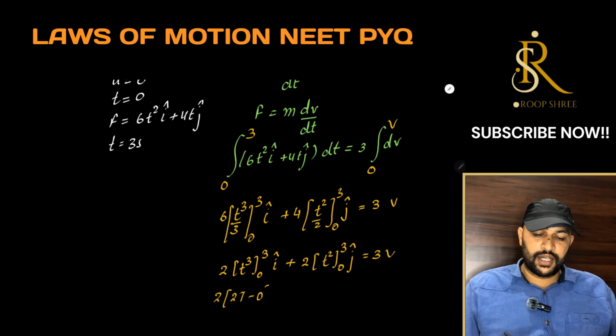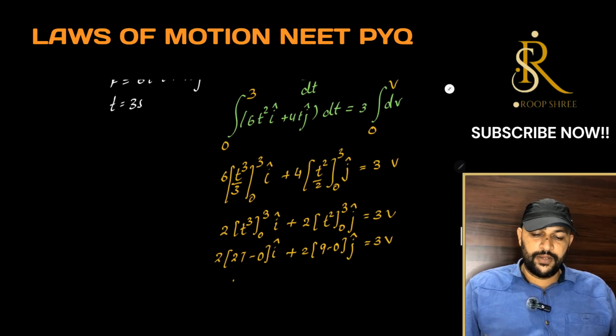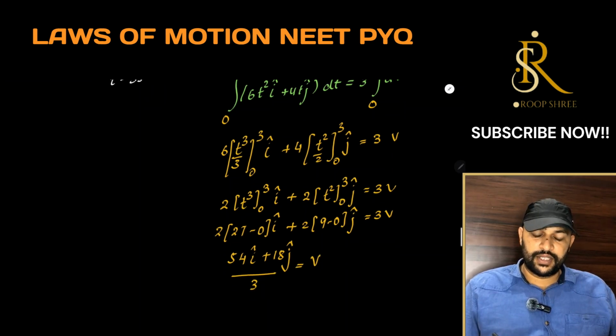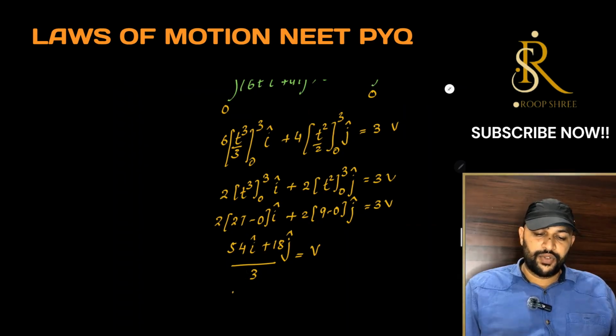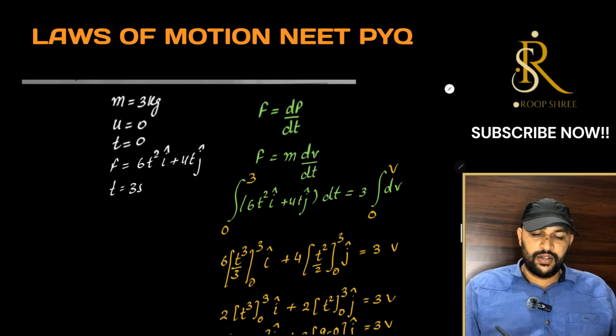It will be 3 3s are 9, 3 9s are 27 minus 0 i cap, and here we are left with 2 into 3 3s are 9 minus 0 j cap, and that will be equal to 3v, right? 27 2s are 54 i cap plus 18 j cap whole divided by 3. I am taking this 3 from the right-hand side to the left-hand side. So 54 upon 3, that will be 18 i cap and 6 j cap, that's our velocity.